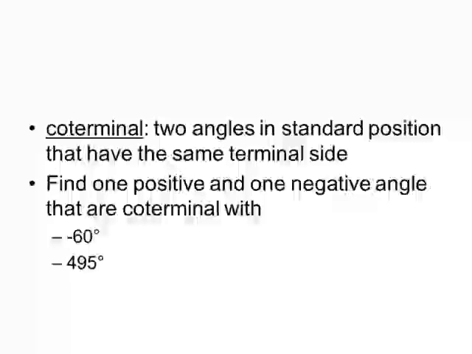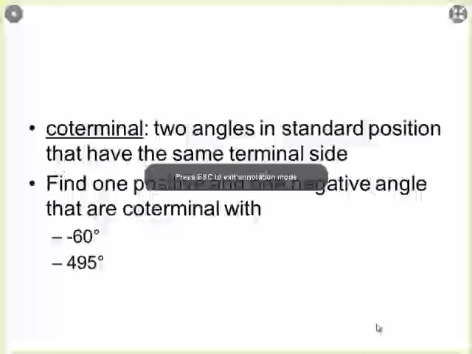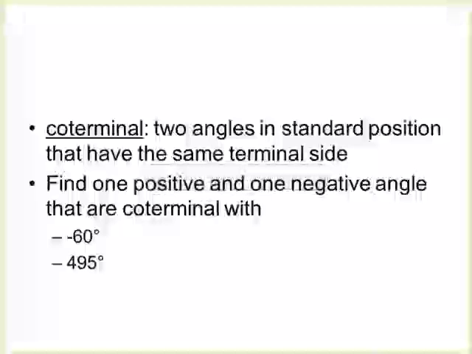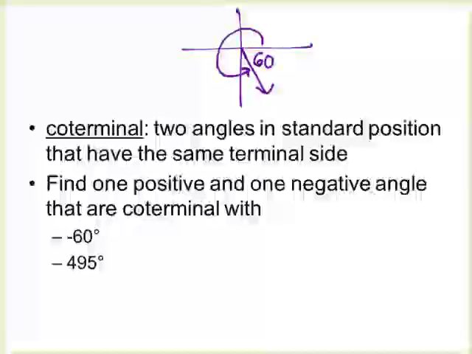All right, if we did not include as much information in our pictures as I told you to, you might get confused about what an angle was supposed to be. So if, for example, I graphed negative 60 degrees, I'm going backwards 60 degrees, but if I didn't tell you that I went backwards, if all I did was say that it ends up there, 60 degrees away, you wouldn't know whether I meant to go backwards 60 degrees, or whether I had gone forward around 300 degrees, or maybe I went backwards more than once, or twice, or 3 times.